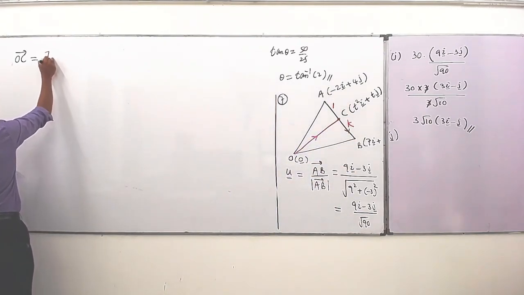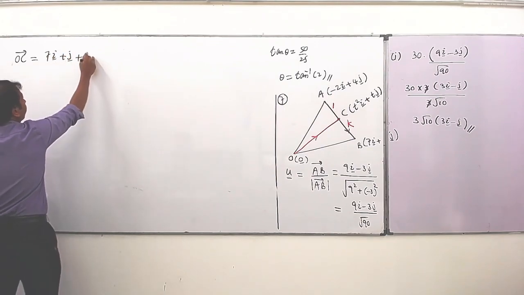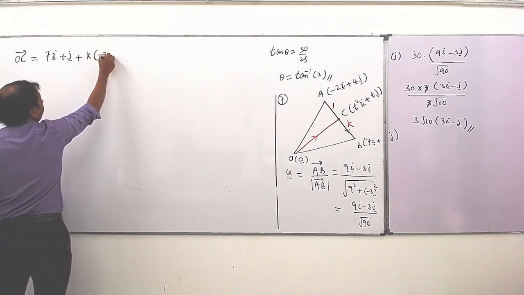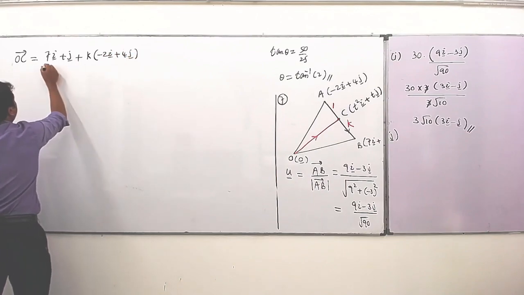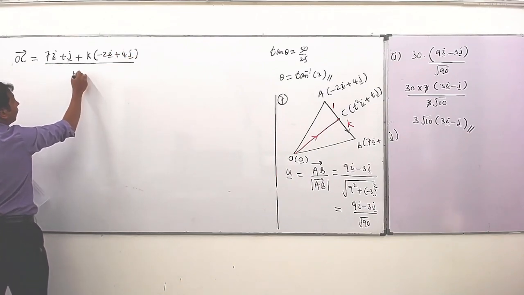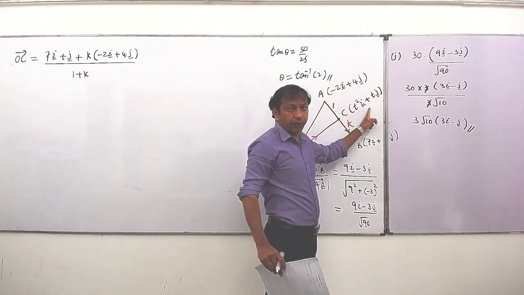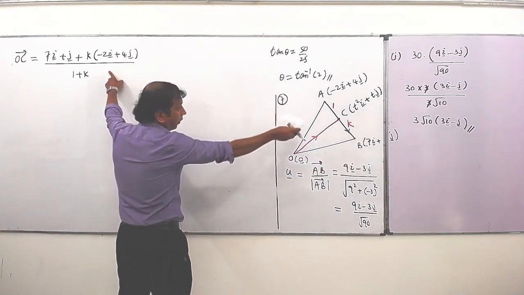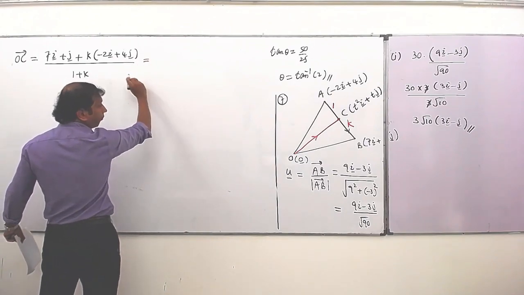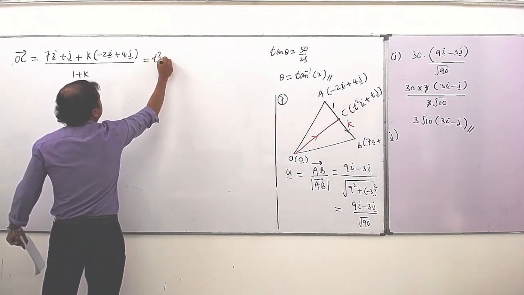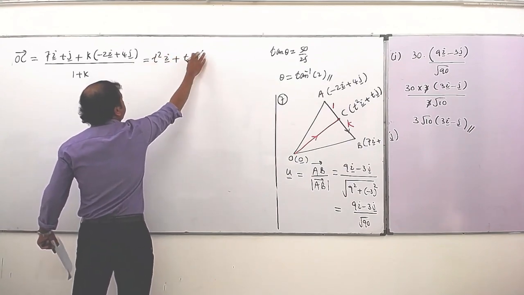That is 7i plus j, plus k times minus 2i plus 4j, divided by 1 plus k. The same position vector is given this way. Therefore, this and that given should be equal. Okay. Then we'll equate this to t squared i plus tj.